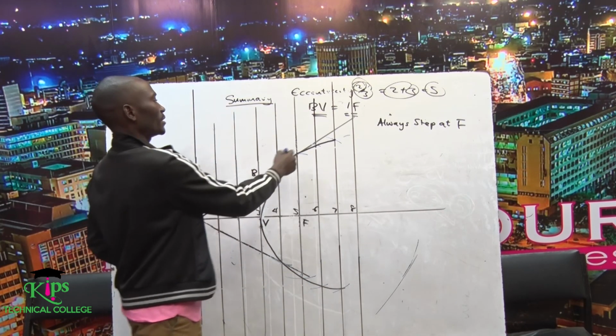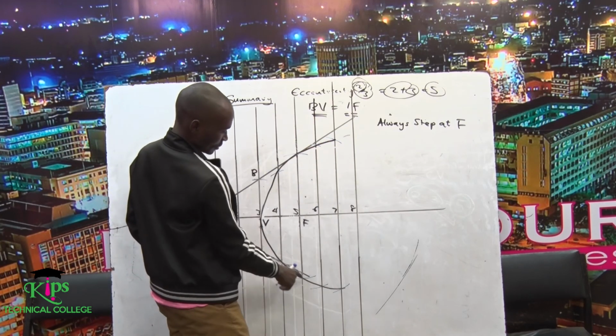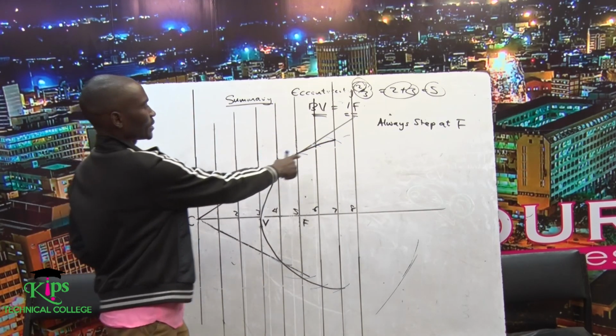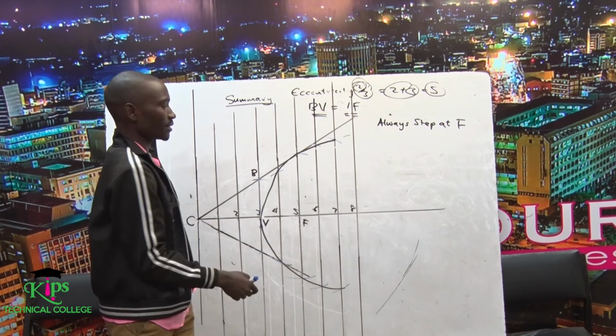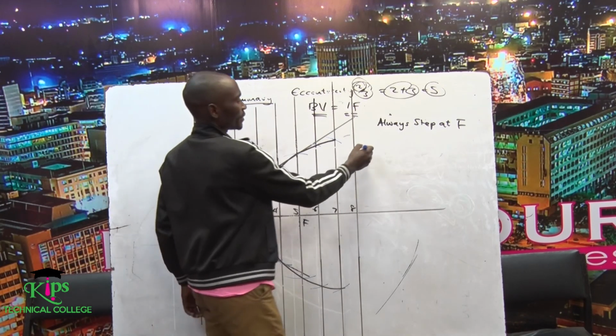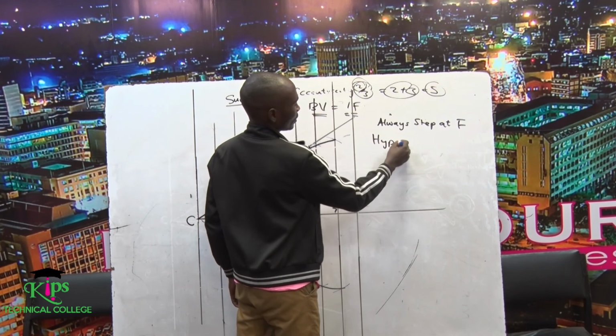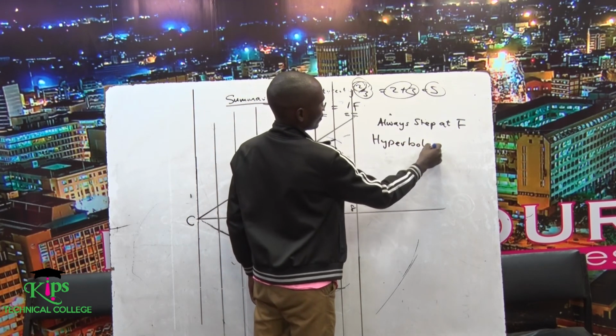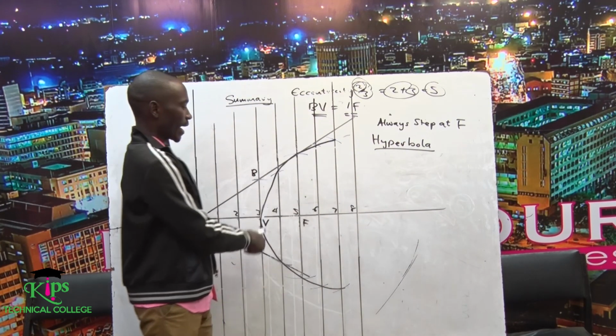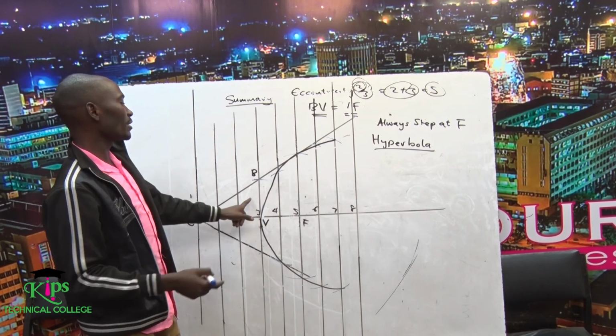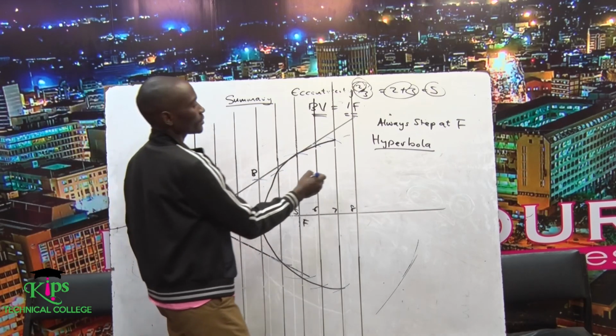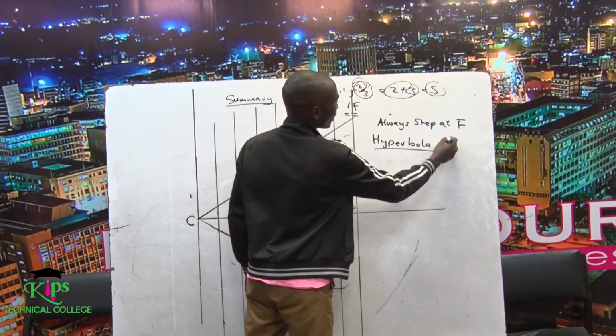So generally, this is the curve that we are interested in, and we called that curve the hyperbola. So this is our hyperbola.